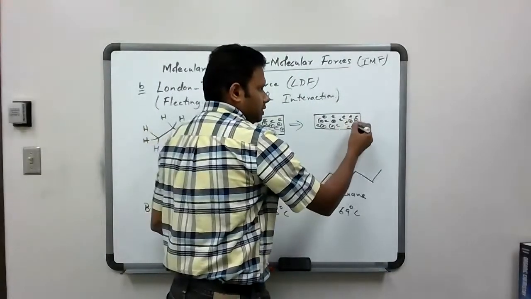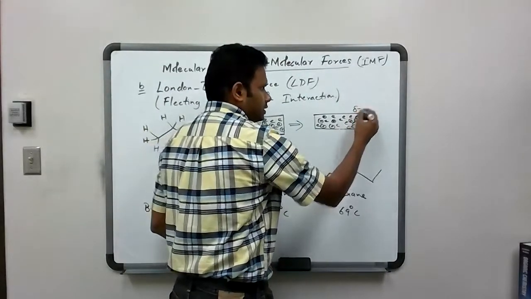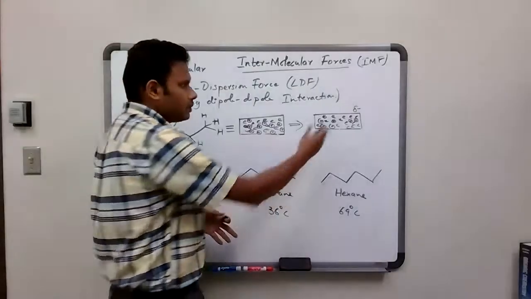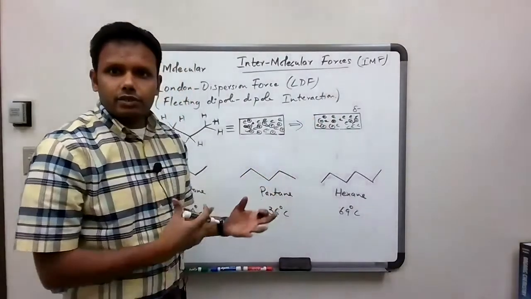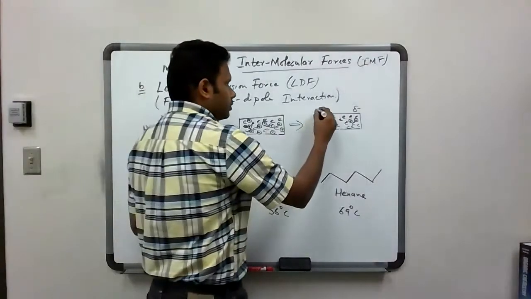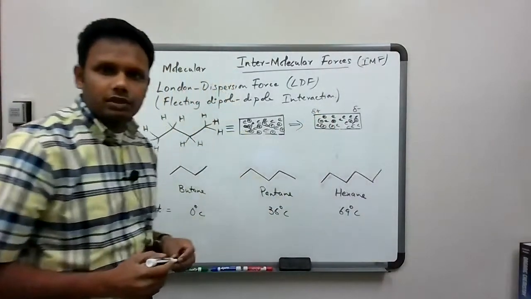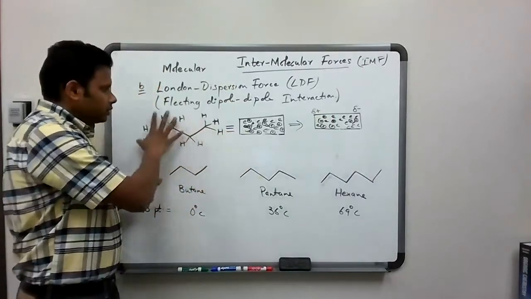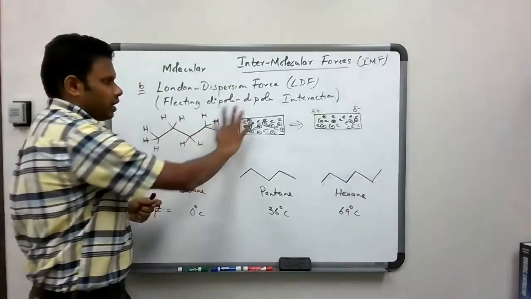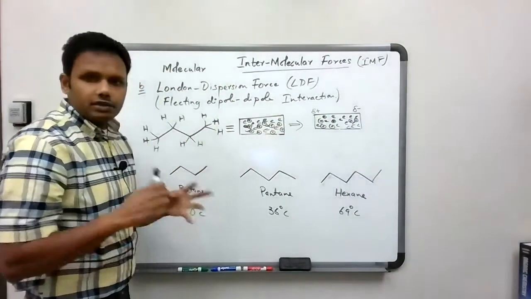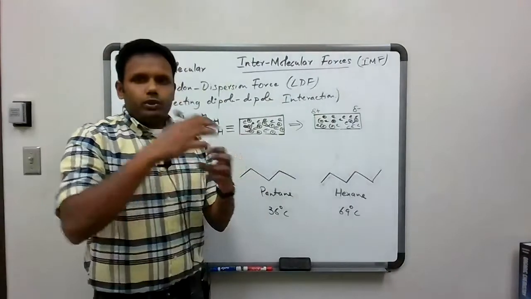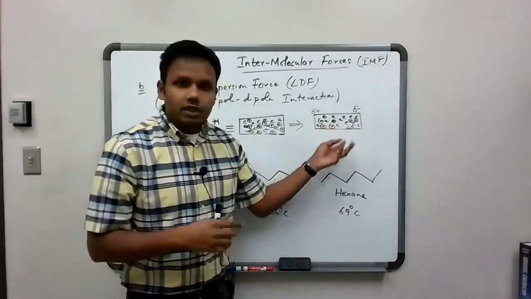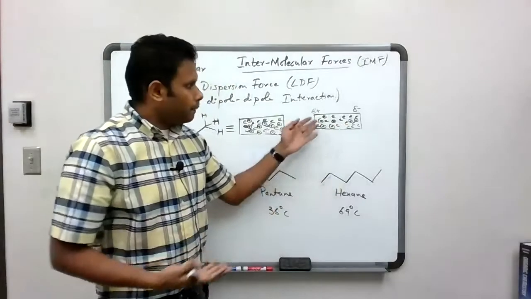Since the electrons are negatively charged, this end is going to take up a partial negative charge, and the other end, where electrons are missing, would take up a partial positive charge. When you started out, this molecule did not have any dipole. Everything was evenly distributed. But during the course of this movement in space, we've now generated a dipole in the molecule.